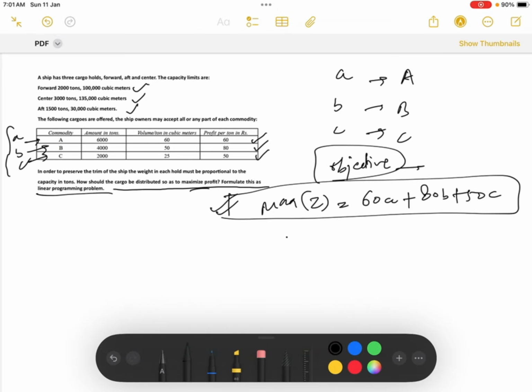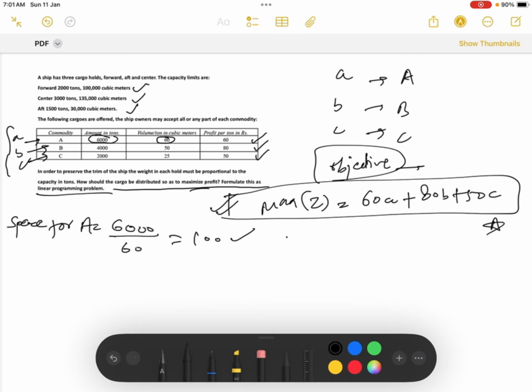So look at the constraints. What can be the constraints here? We have made the objective. Now let us see what is the space available for A, B, and C respectively. Here the amount in tons you can see is 6,000 and volume per ton in cubic meters is 60. So the space for A will be 6000 upon 60, that will be 100.